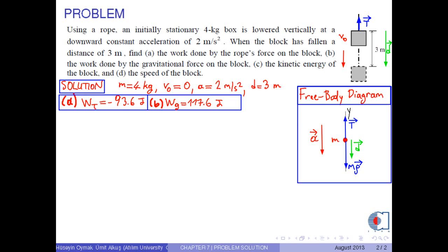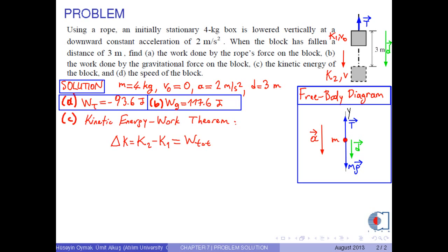C. Find the kinetic energy of the block. Here we utilize the work-kinetic energy theorem, that is, delta K equals K2 minus K1 equals total work, where K1 is the initial kinetic energy and K2 is the final kinetic energy. Since the initial speed is 0, the initial kinetic energy is 0.